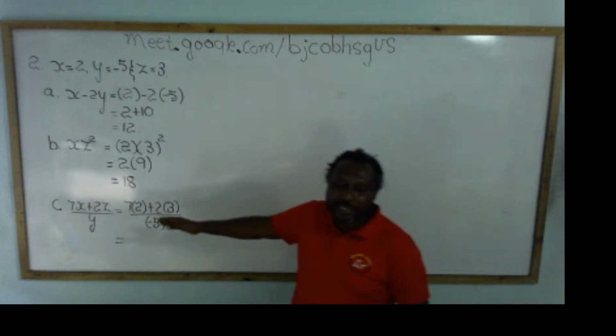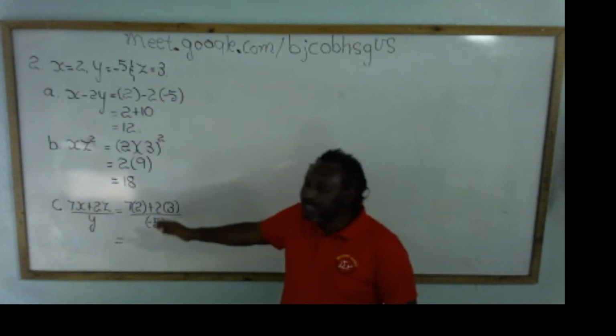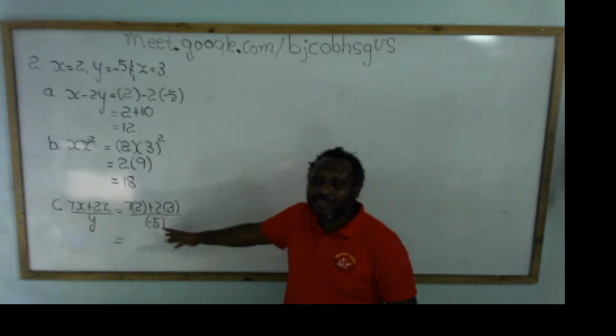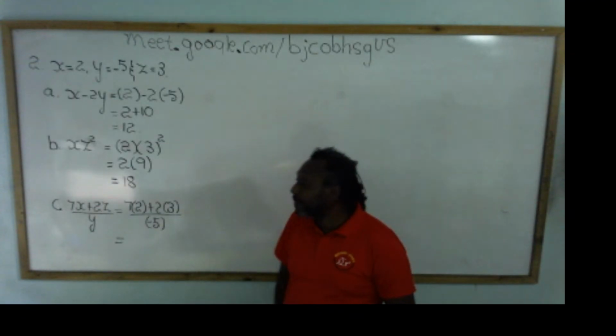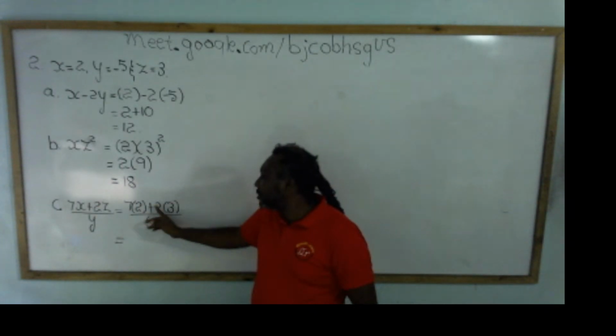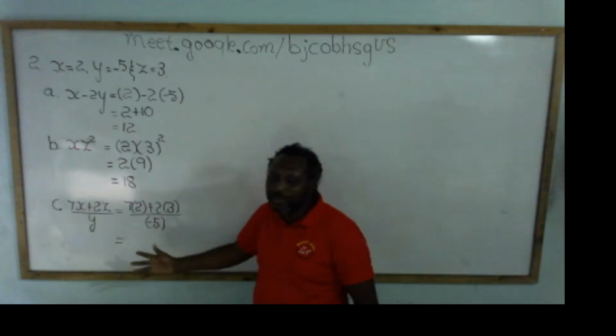Now what do we have there? As I said, 2 takes longer than 5. It is better to take 5 extra seconds to look at the question than 2 extra minutes to solve it. Because you can see this, 7 times 2, that's 14. 2 times 3, that's 6. 14 plus 6 is 20. You divide 20 by negative 5, you get negative 4.